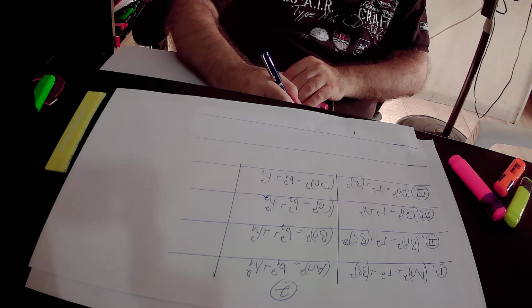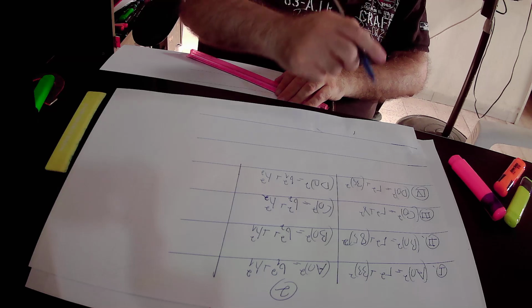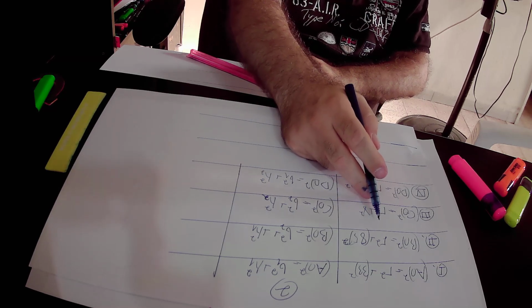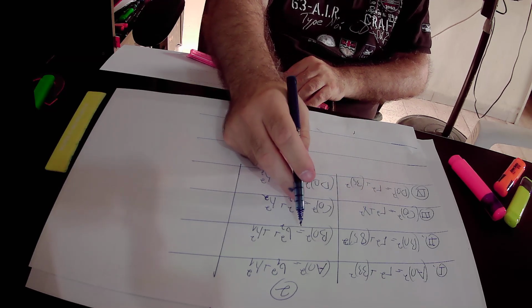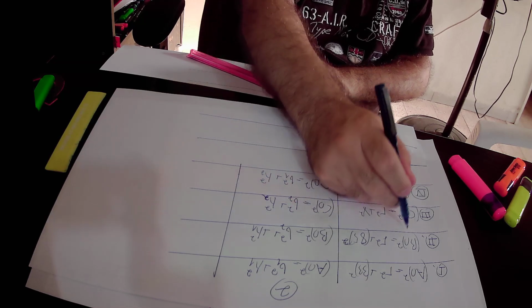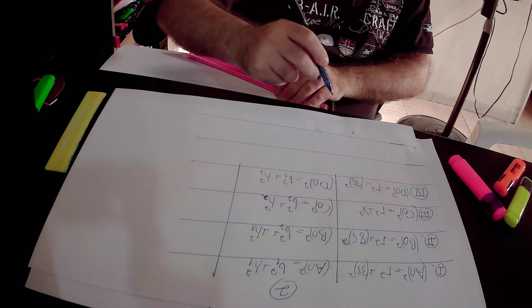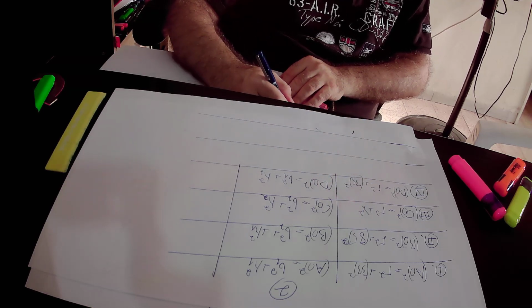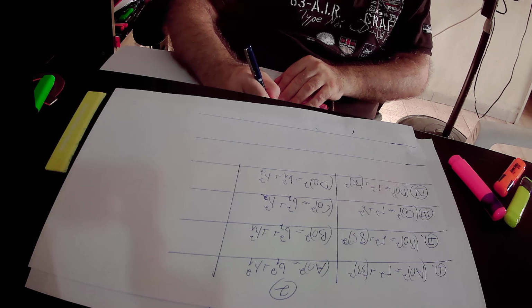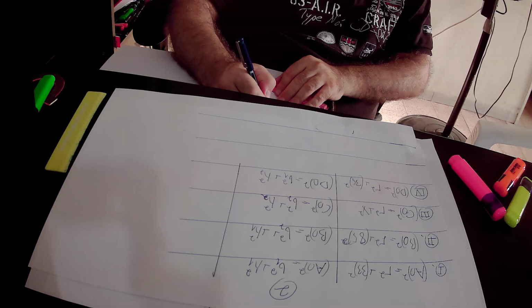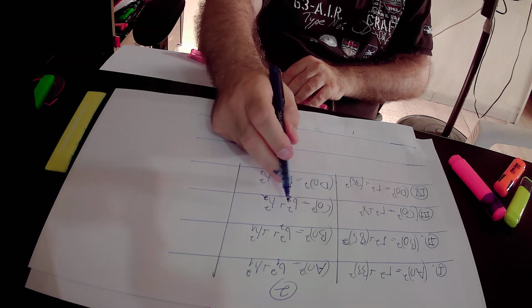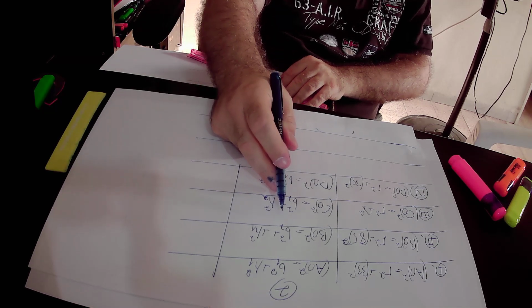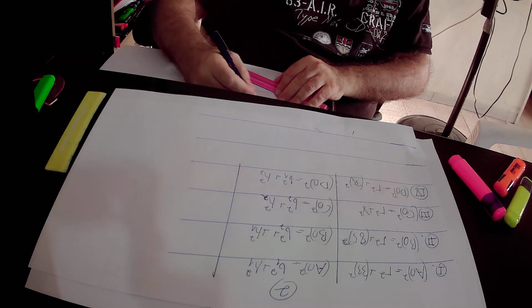Likewise, equation number 2 states that B whole square according to equation number 1 must be equal to B whole square according to equation number 2. B whole square according to equation number 1 is r square plus 85 square, and it must be equal to b2 square plus h1 square.